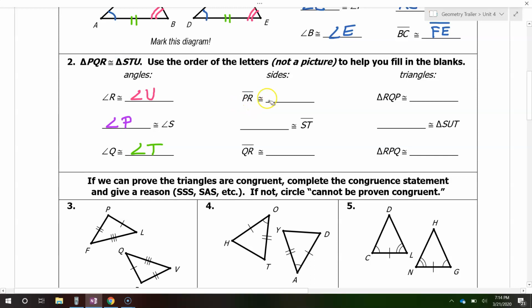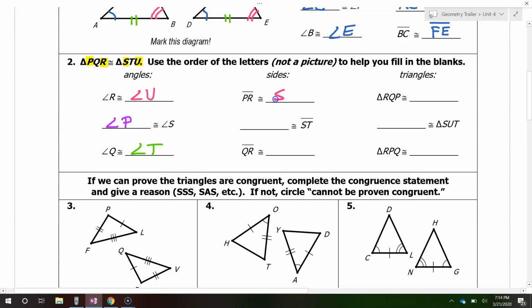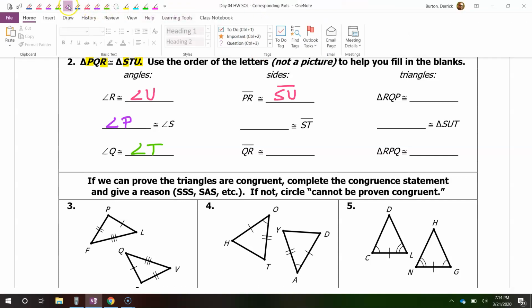All right, now let's talk sides. Side PR is here and here. Well, that's going to match this and this, which is side SU. Now how about ST?